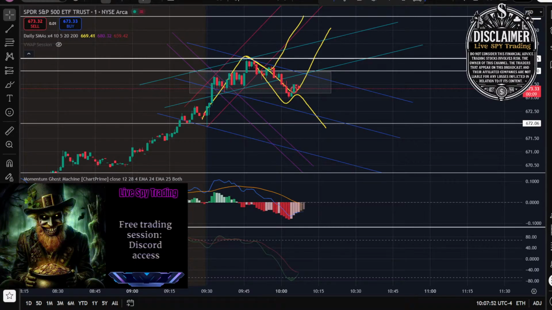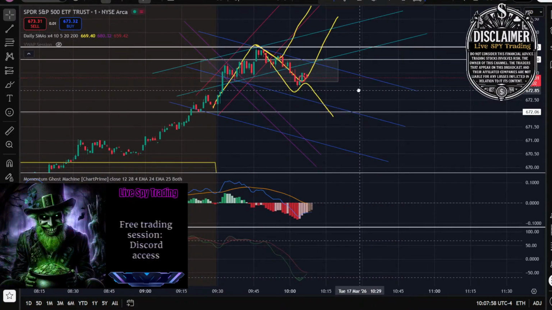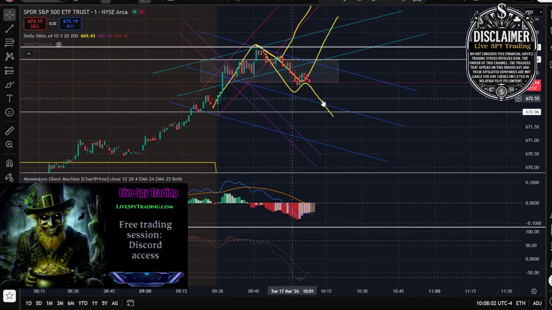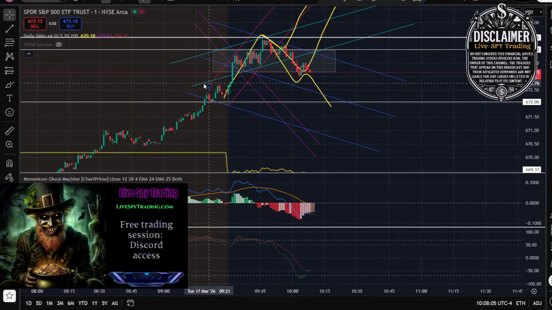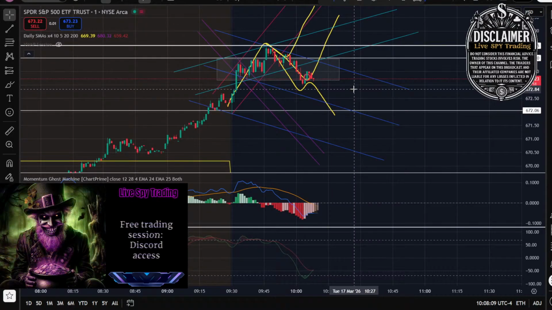All right, VWAP is just another indicator. It's telling you from the last however many candles, this is where the average price is. So it's just giving you an average. If you're above that, you're above average.